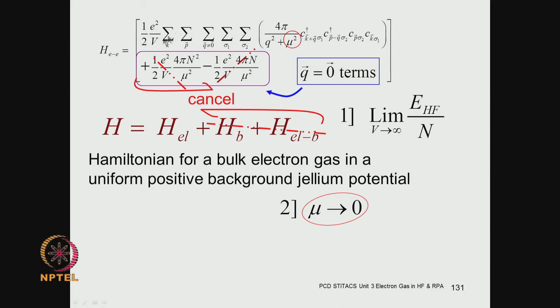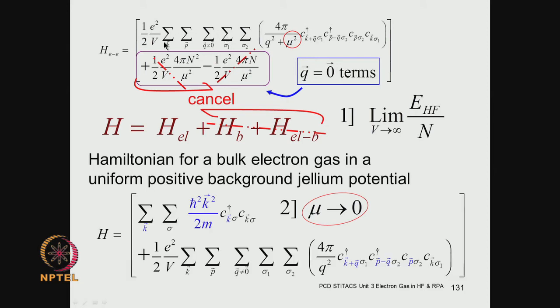And if you now write the electron-electron Hamiltonian after taking these limits, then you have the full Hamiltonian in which you have the kinetic energy part, and then the electron-electron interaction term in which you have q not equal to 0, because the q equal to 0 terms have already been taken care of since they cancel the background, the Jellium background part, and also the electron background part.